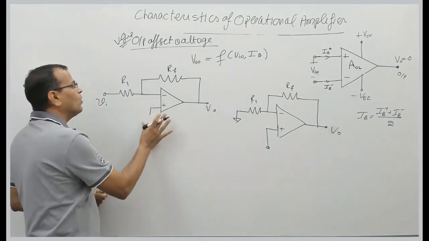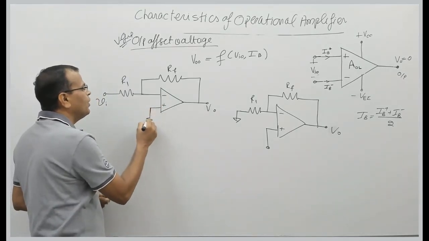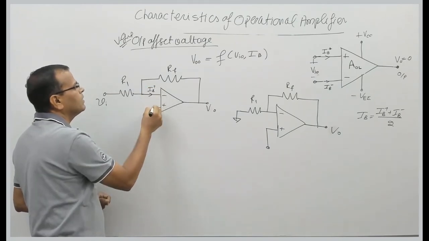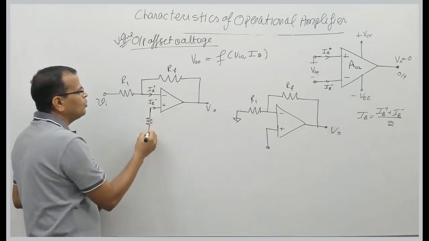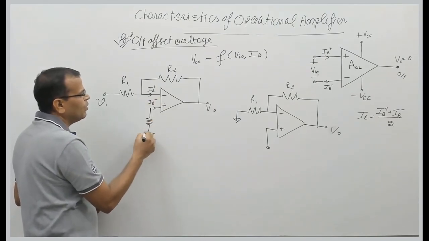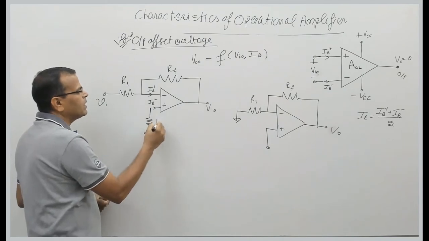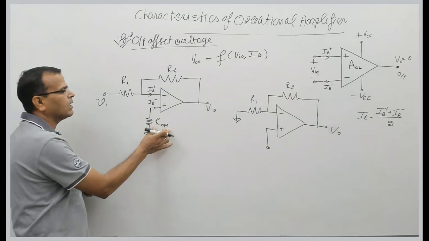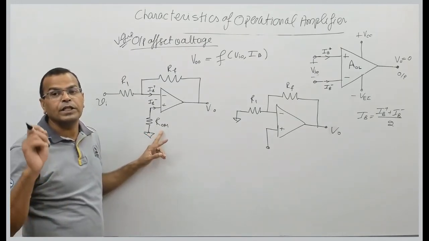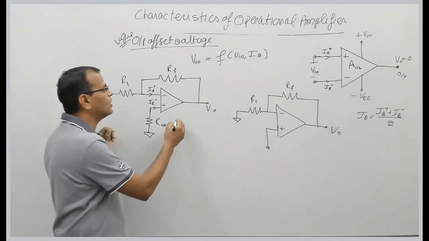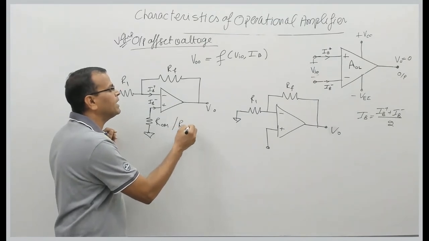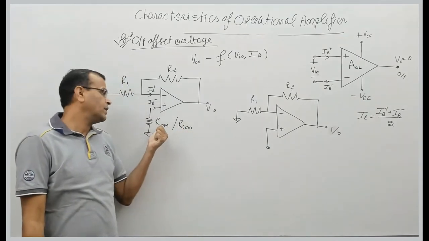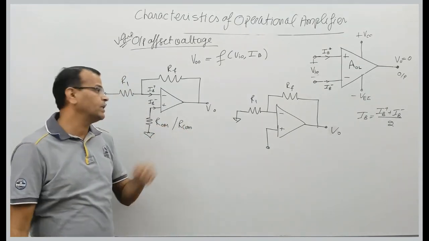The output offset voltage because of input bias, I have already shown you that. This is the bias current. So the output offset voltage because of input bias current can be minimized by connecting a resistance called offset minimizing resistance, or sometimes it is called compensating resistance. Some textbooks say compensating resistance, some say offset minimizing resistance.